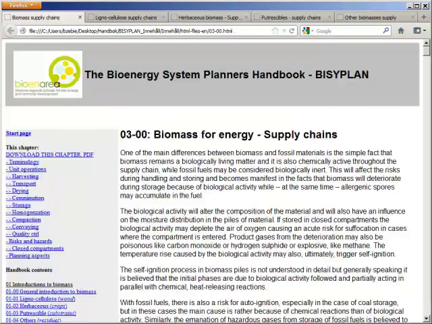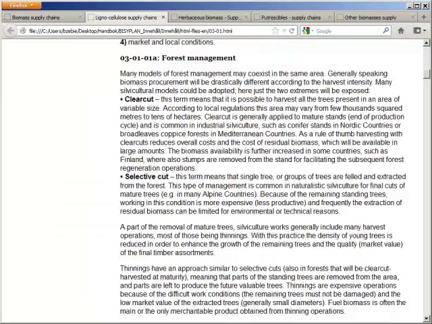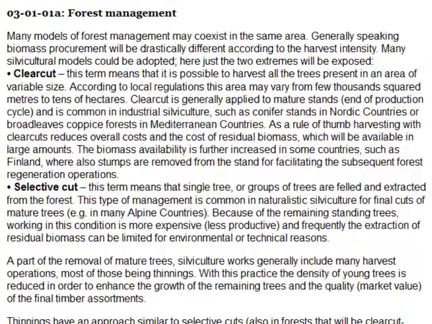Looking then at the supply chains and starting with harvesting as one of the main unit operations, and first looking into woody biomass, one might say that we should first distinguish between different types of forest operations.